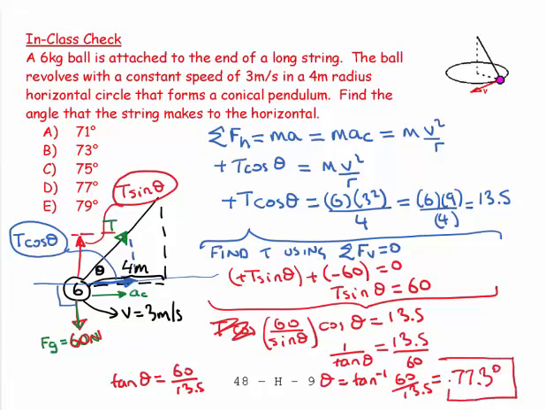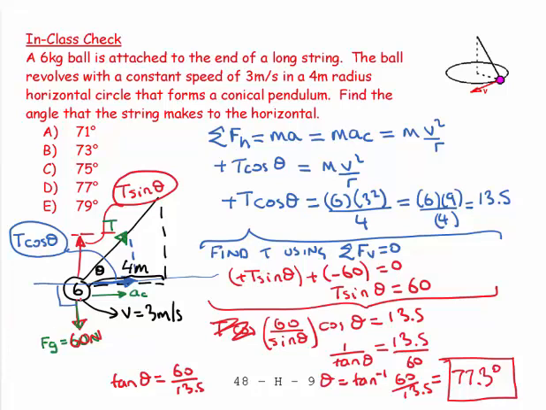So let's just review our approach. We drew a good diagram as usual. We resolved our forces in line with the centripetal acceleration as usual. We substituted in what we could find. In this case, we found we had two unknowns in this equation, and so we needed a second approach.